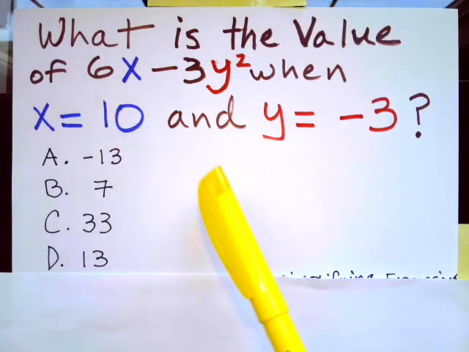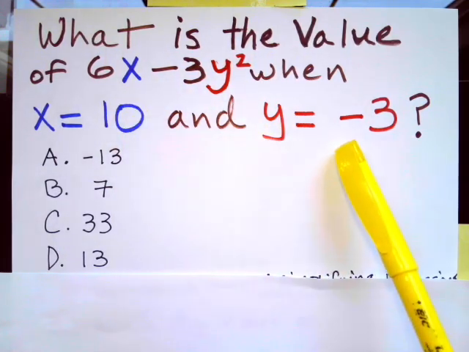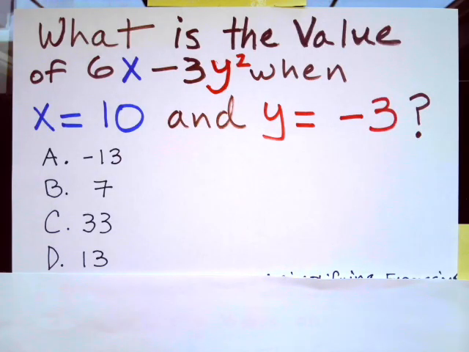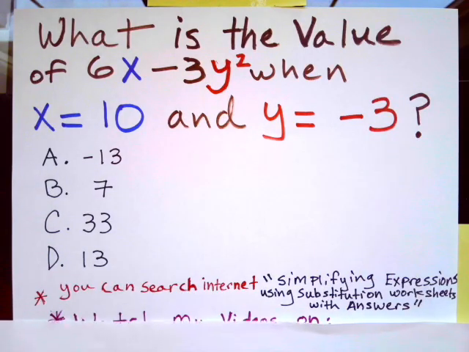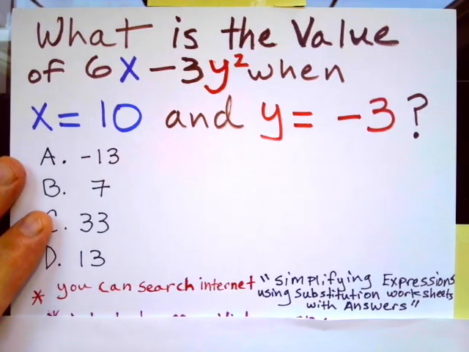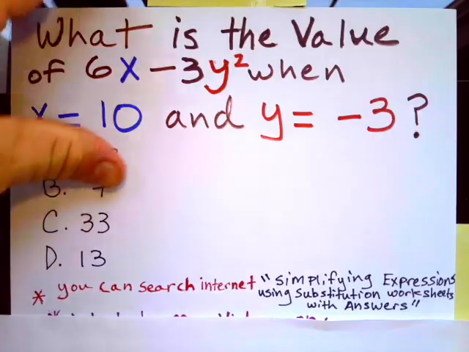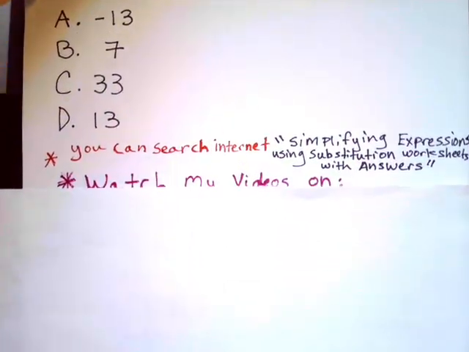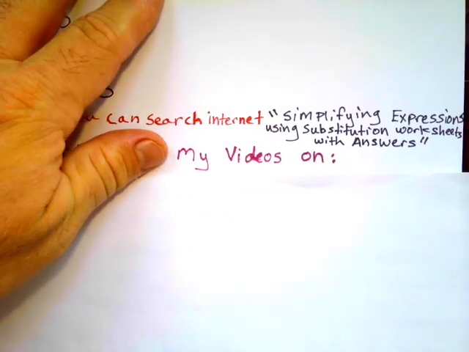Here there's just one value. And the value of y, negative 3, everywhere you see y. And you're going to simplify following PEMDAS, or order of operations. Okay, so that is the introduction to this particular video.